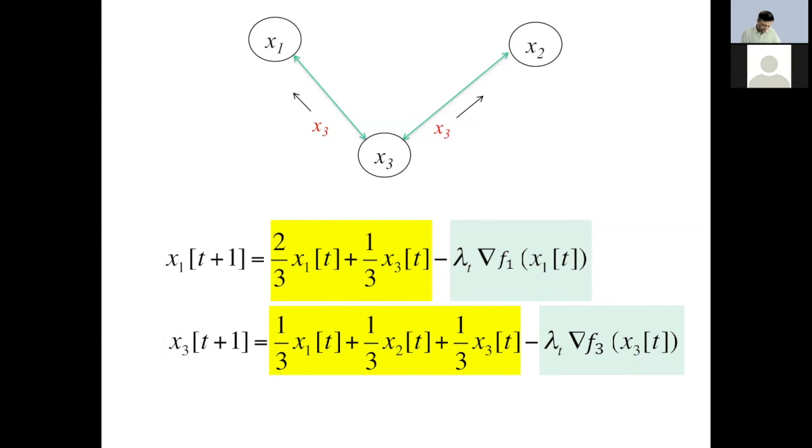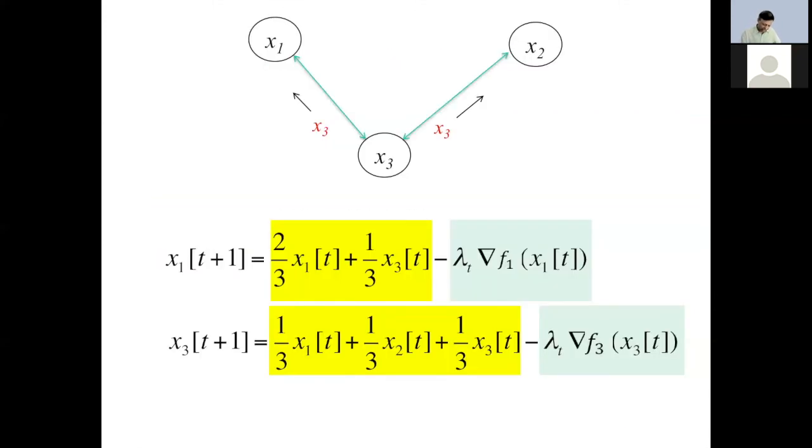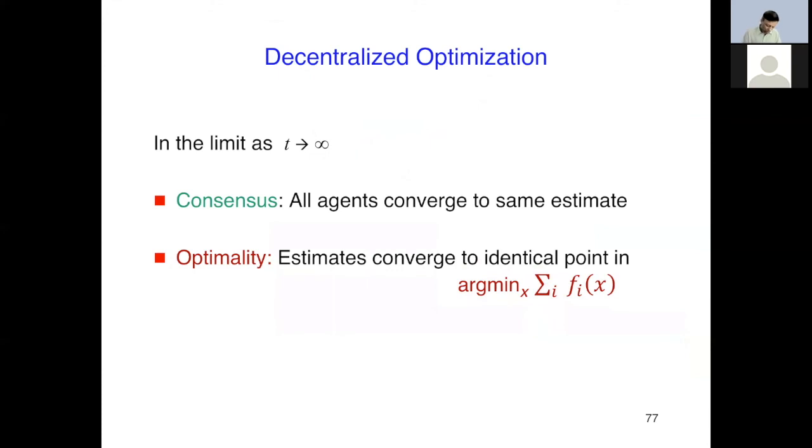And similarly, there is an equation for x2 where the gradient will be for function f2. Okay, so now the claim is that if you perform these iterations, you start with the initial estimates of x1, x2, x3 at the 3 agents and perform these iterations repeatedly. As time goes to infinity, all the agents will converge to the same estimate, and that estimate will in fact be the argmin of the summation of the cost functions.